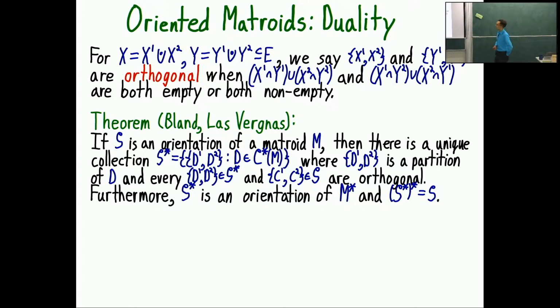I could have discovered the co-circuits with a minimal orthogonality set. So I have a unique bipartition of each co-circuit so that every signed co-circuit is orthogonal to every signed circuit. I just mean the two different parts of C. I'm using superscript to denote parts of a bipartition of the variable.